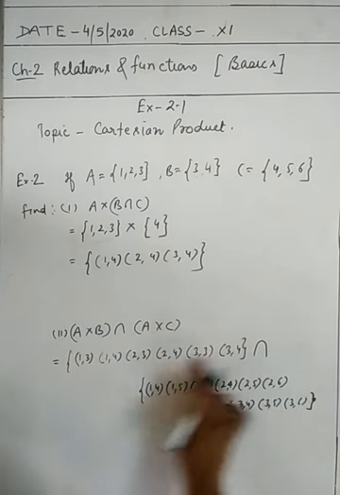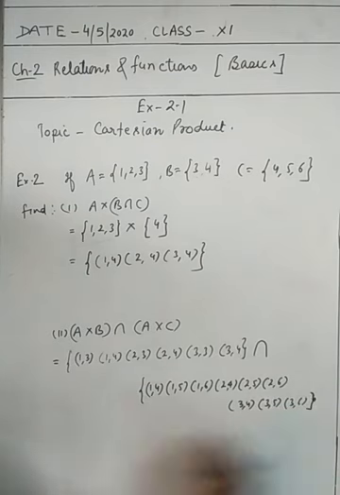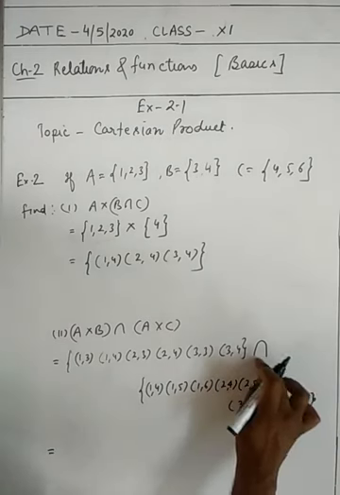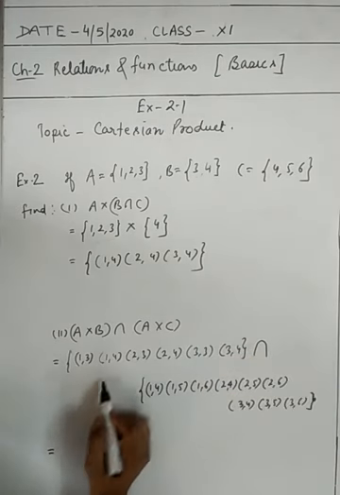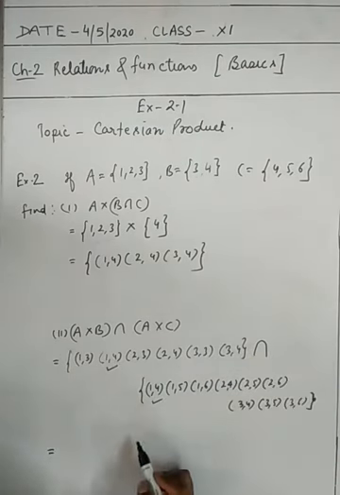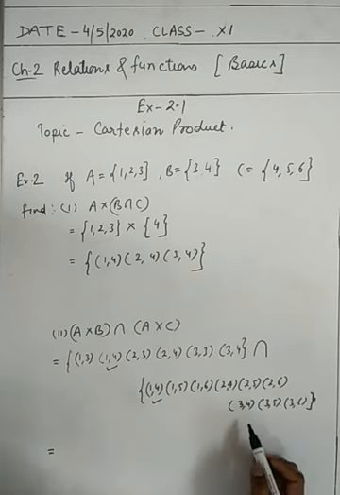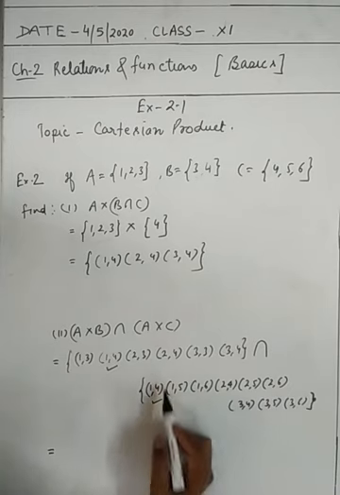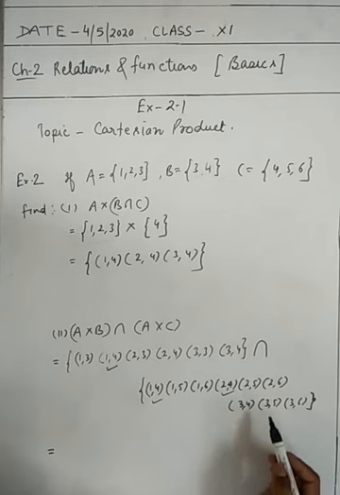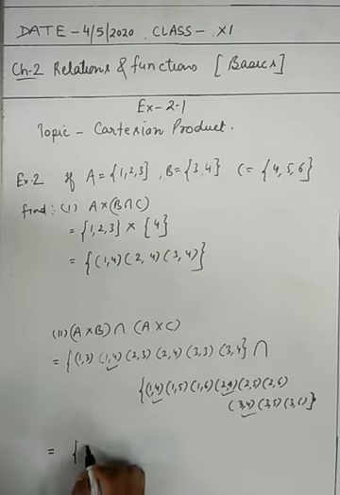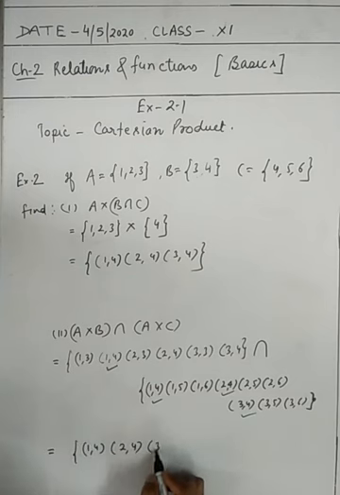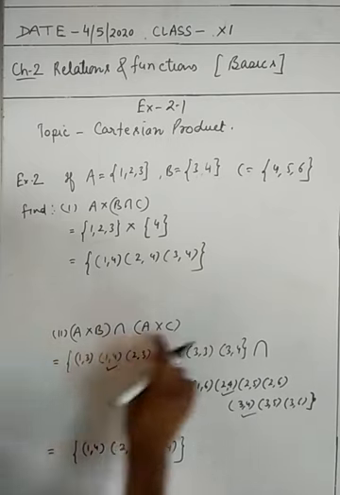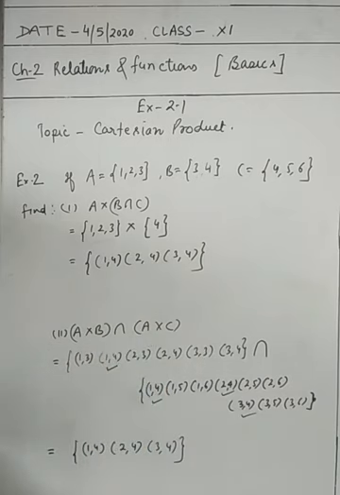So this is A cross B and this all is A cross C. Now find the intersection part. Here we see that (1, 4) is common, (2, 4) is common, and (3, 4) is common. So this is (1, 4), (2, 4), and (3, 4). So this is the intersection of A cross B and A cross C.